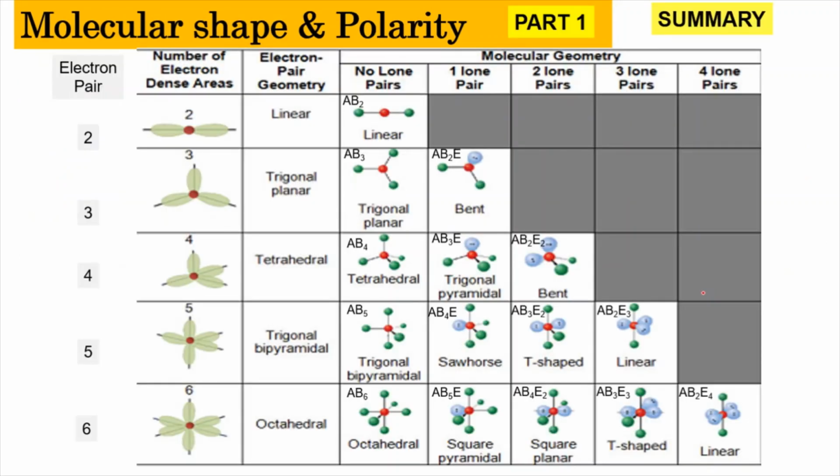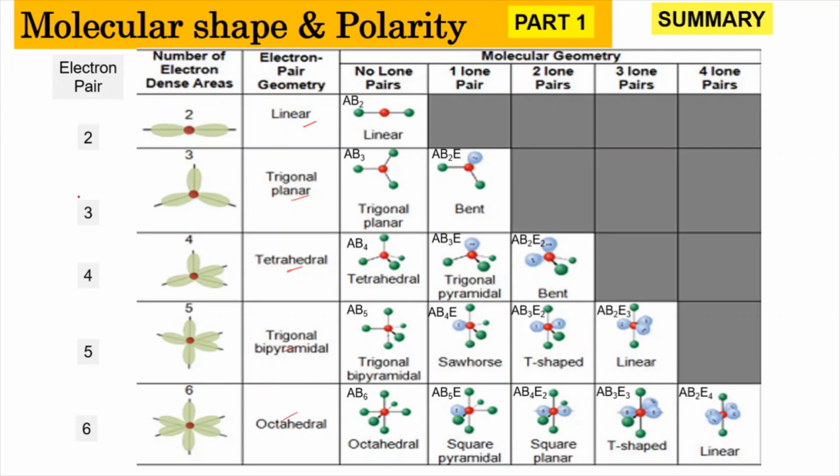In the previous video, you learned about the idea of VSEPR and various molecular shapes. According to the electron pair, you're going to have various basic shapes, for example, linear, trigonal planar, tetrahedral, trigonal bipyramidal, as well as octahedral.